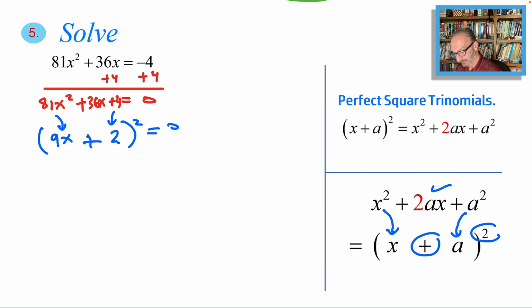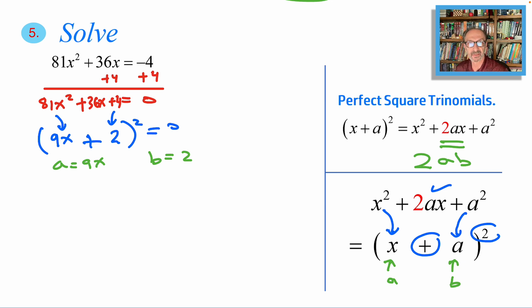I have a equals 9x and b equals 2. That's my a and that's my b. And the middle term is twice ab. So if it's x and a, you're going to multiply x and a and double it to get the middle term.